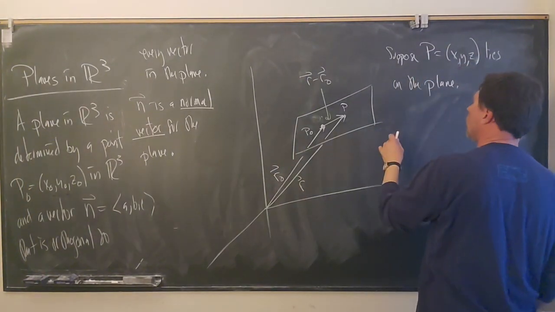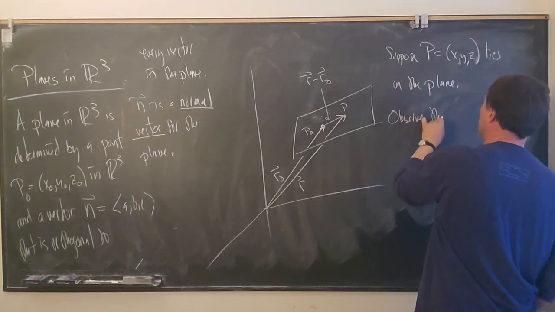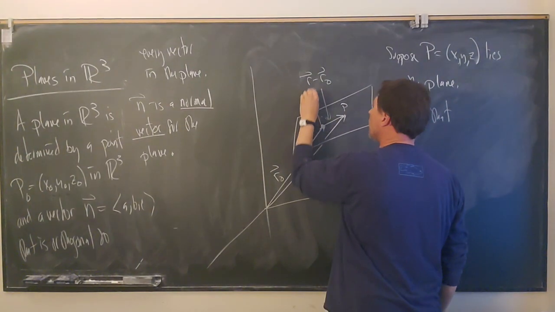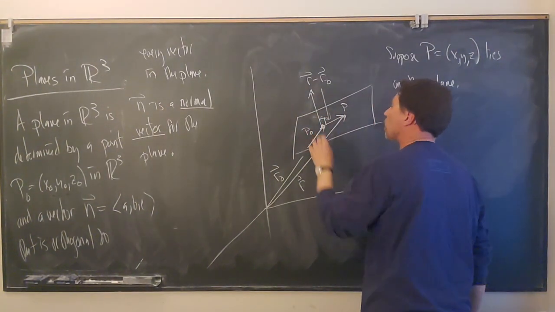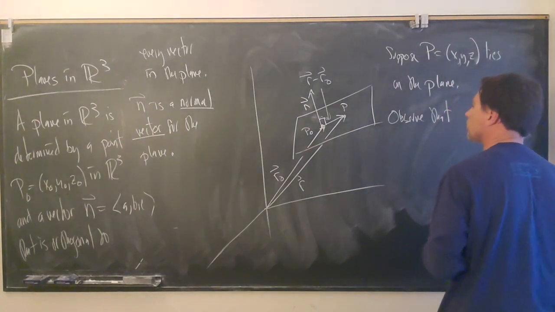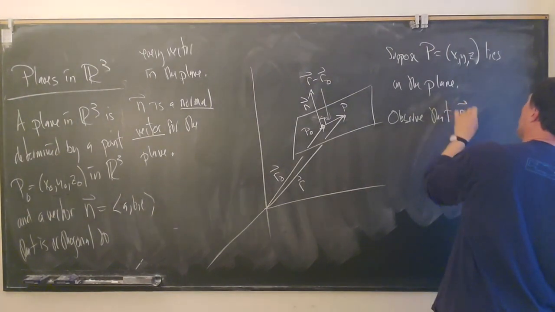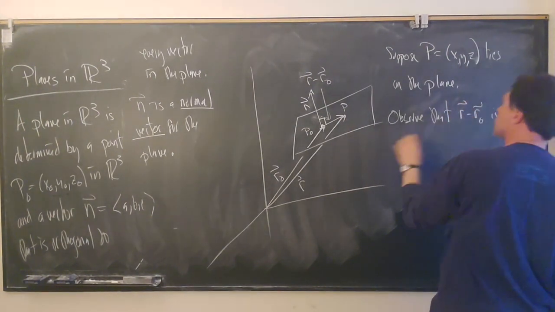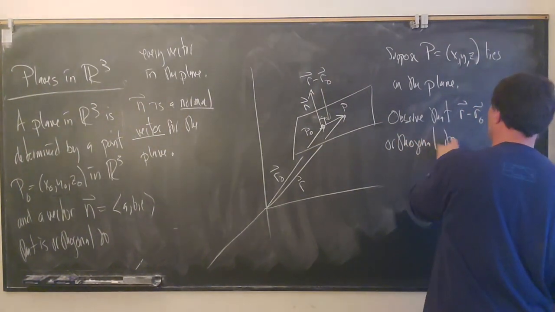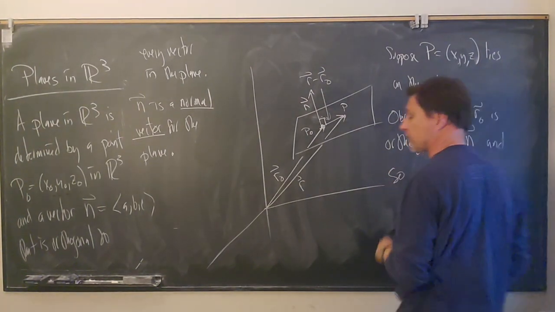And so observe that this vector lies in the plane, which means that it is orthogonal to the vector n. So observe that R minus R0 is orthogonal to n. And so, how do we check for orthogonality?